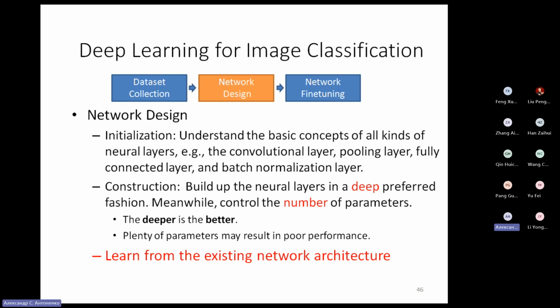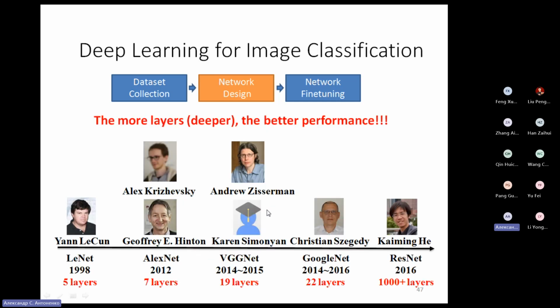So deeper is better, but we need to control the number of parameters. Plenty of parameters means a bigger model, and too many parameters means a too complicated model and maybe poor performance. So we need some balance, and this balance is not very easy to achieve.